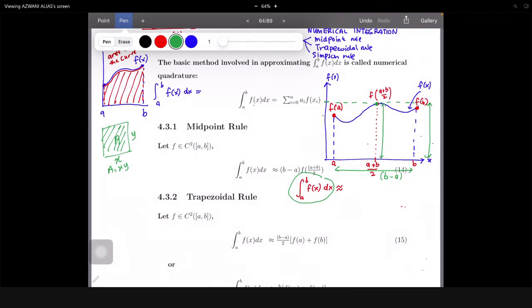So kita tahu this is the value of FA and this is around FB. Dan ni adalah the value of A plus B divided by 2. Betul tak? So ketinggian untuk midpoint pada titik A plus B divided by 2 adalah the function of this. Betul? So the function of the ketinggian ni adalah F A plus B bahagi 2. Kan? Okay. So kita akan dapat this.